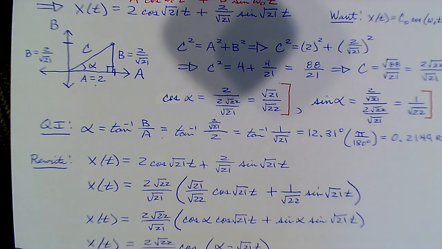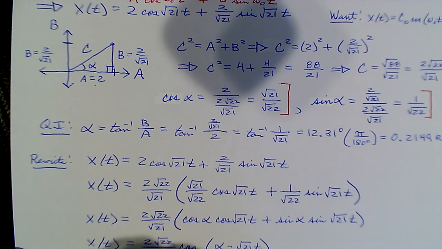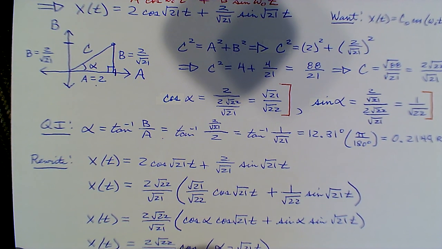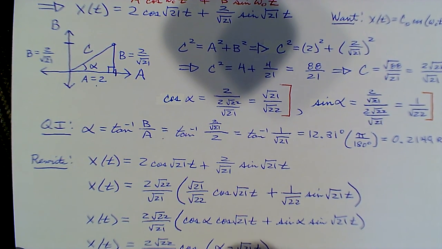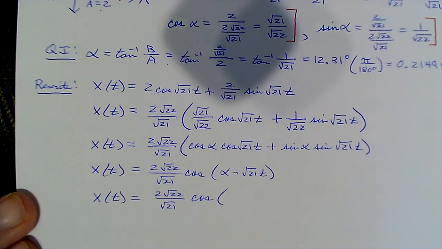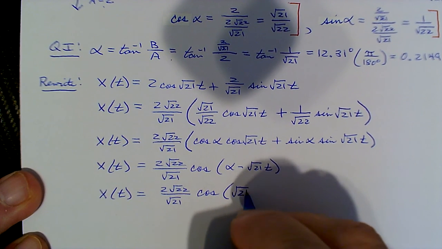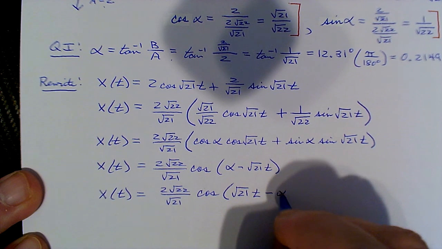But then by the other identity, that the cosine of a negative angle is the cosine of the angle. Recall that allows us to reverse the order. So we could write the square root of 21t minus alpha.